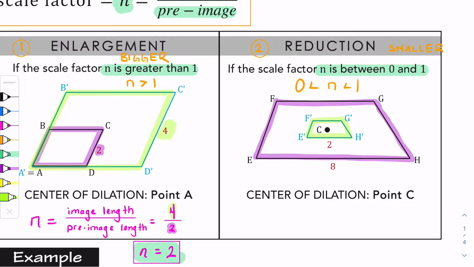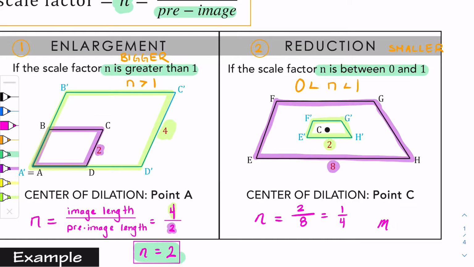And if we're looking to find the scale factor, we use the formula of the image length divided by the pre-image length. And you, of course, have to make sure you use the same or corresponding sides. So your image length is 2 and your pre-image length is 8. So your scale factor is going to be 2 divided by 8, which is equal to 1/4.